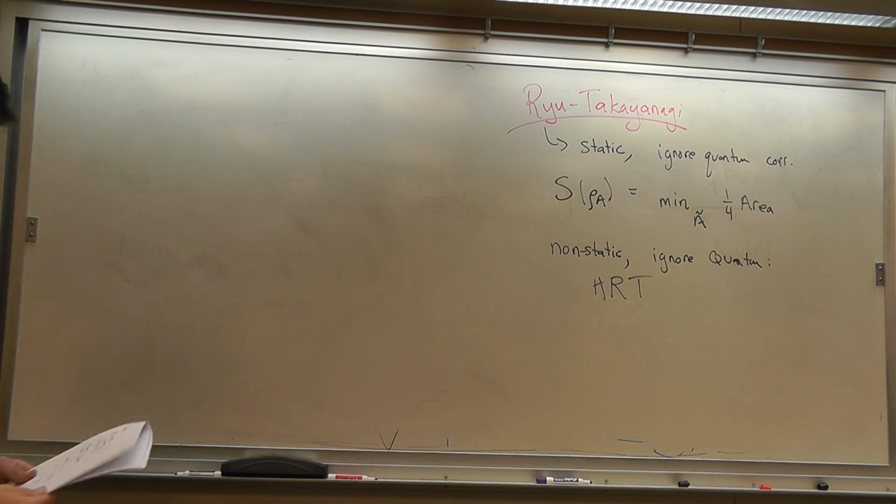Is that term small compared to the area term? Not necessarily. The recent developments on the Page curve involve cases where the quantum term is as important as the area term.